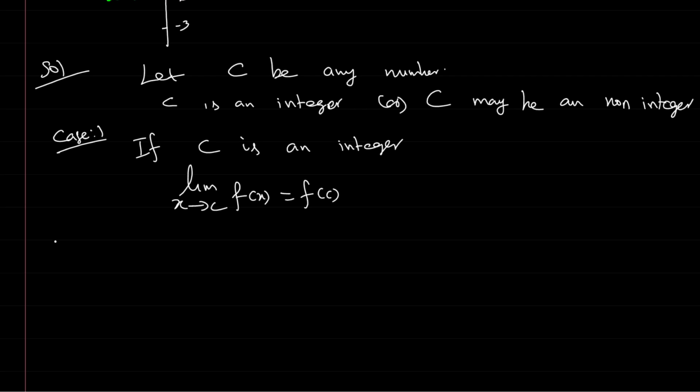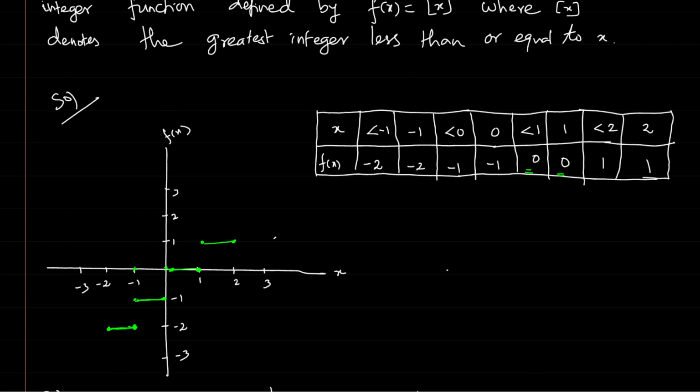To check the limit, we have to go for the left hand side limit, limit x tends to C minus, that is a value slightly less than C. For example, for a value slightly less than 1, the function value is 0.